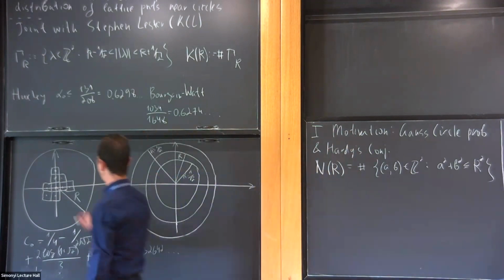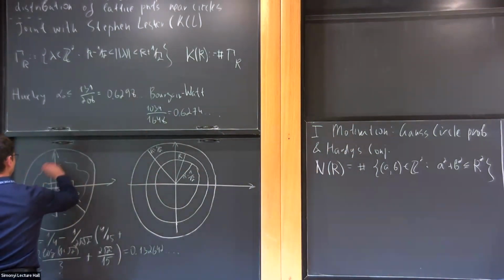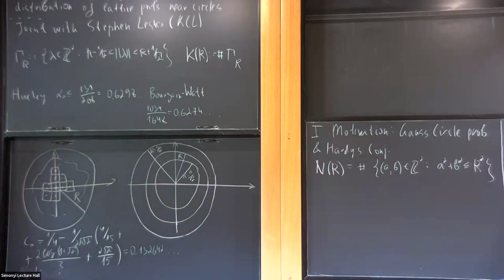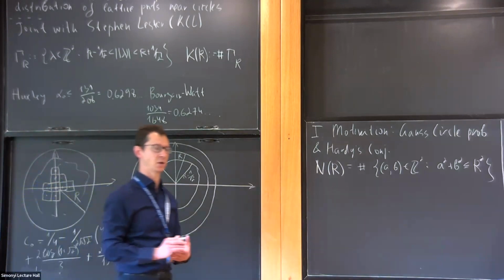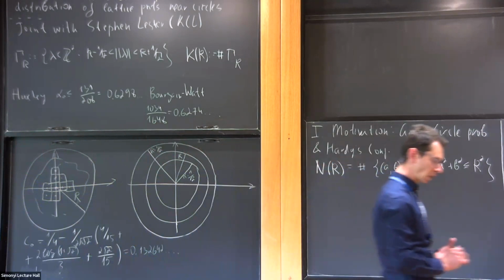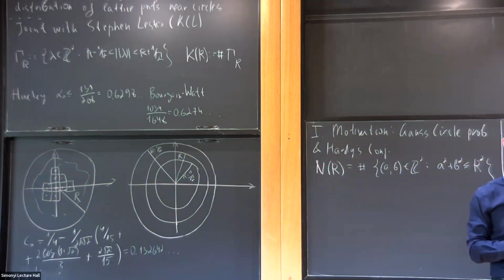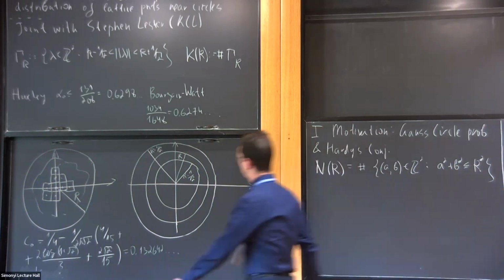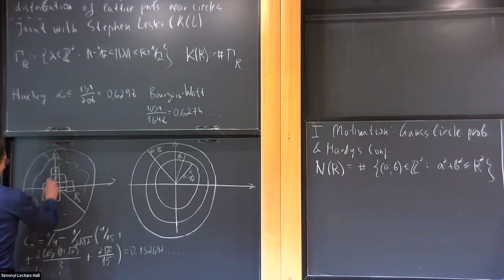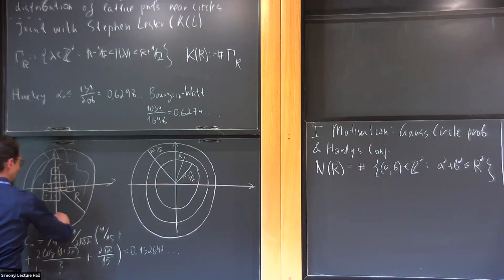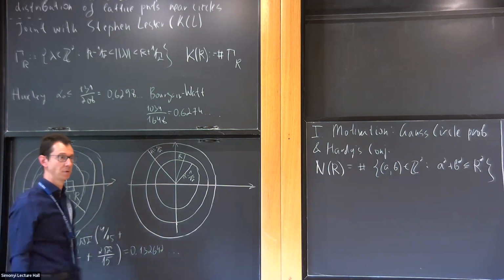Whatever we have is some kind of polygonal shape. It is easy to convince you that, because the diagonal of the square is square root of 2, this polygonal shape contains a slightly smaller disk and lies entirely inside a slightly bigger disk.